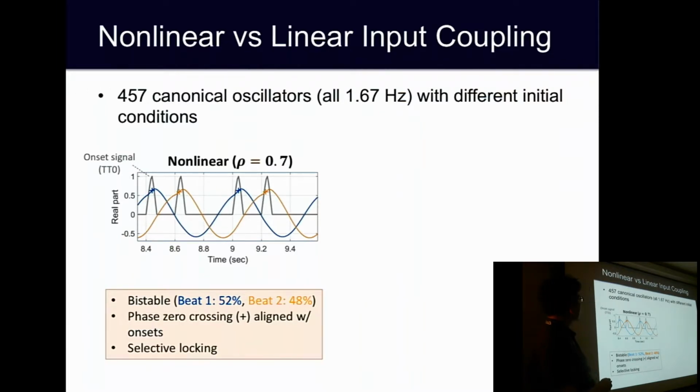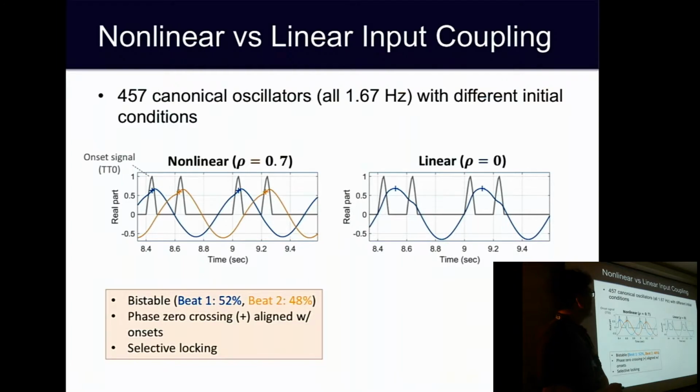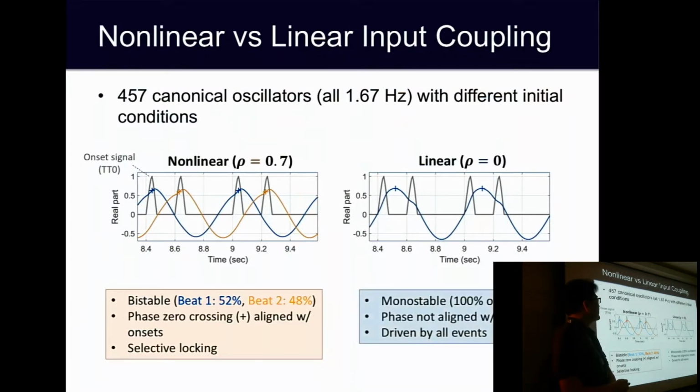So these nonlinear oscillators can model this bistability in human perception, because oscillators can selectively lock into a subset of events. But with linear coupling, all oscillators were drawn to a single state, with the phase zero crossing actually falling in between onsets, because oscillators cannot ignore any events. They are driven by all of them, so they find a compromise between these two onsets.